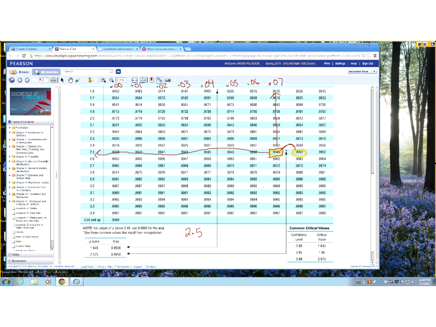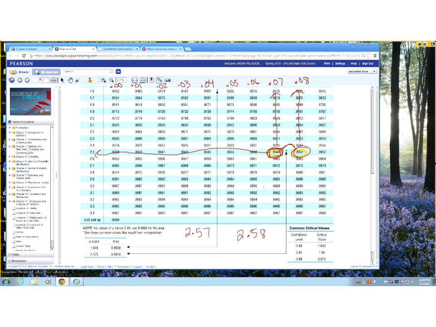Okay, so that area of 0.9949 corresponds to the z-score of 2.57. And then the other area is 0.9951, so that z-score is 2.5, whatever this one is here, 0.08. So that z-score is 2.58.